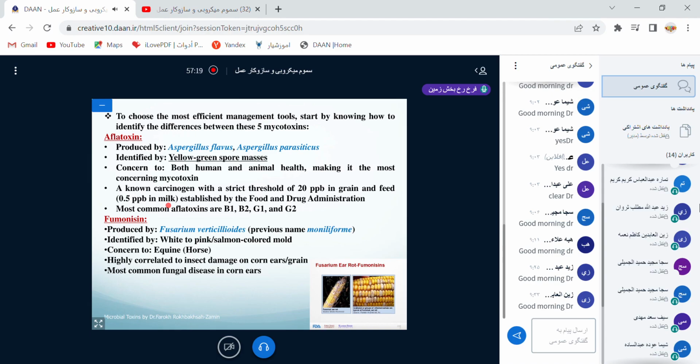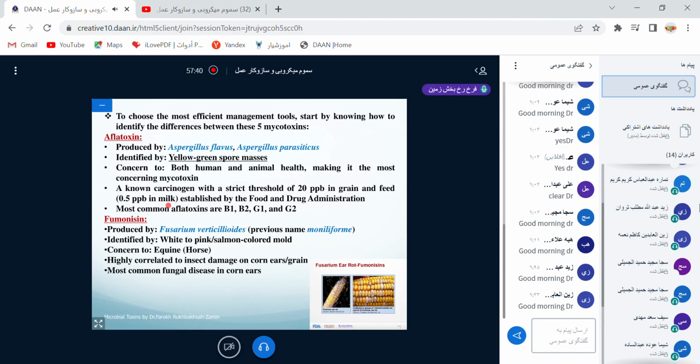So there is not any choice. If we have any lab examination of our blood or our urine, in most of us mycotoxins are present.